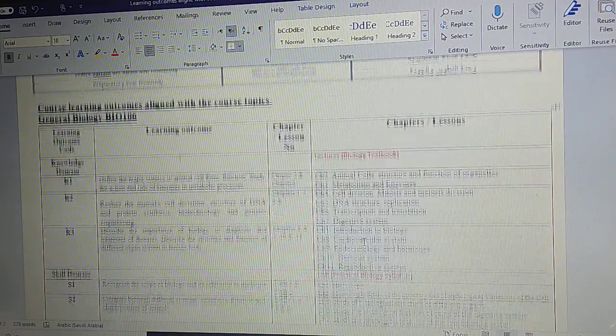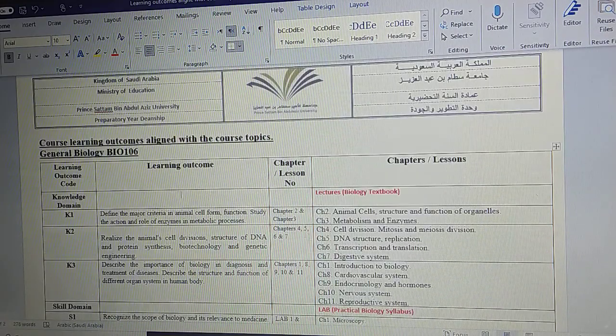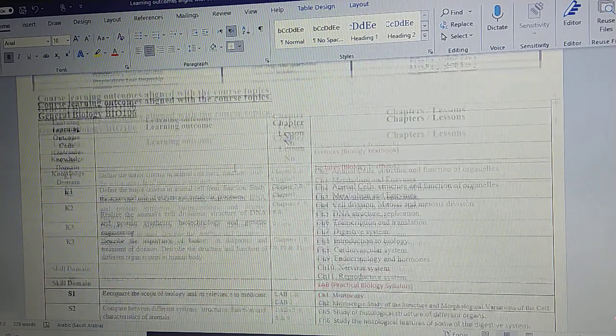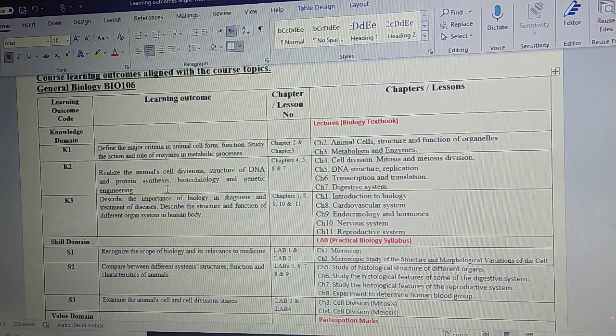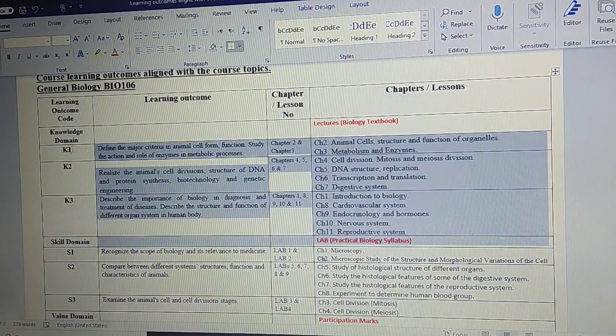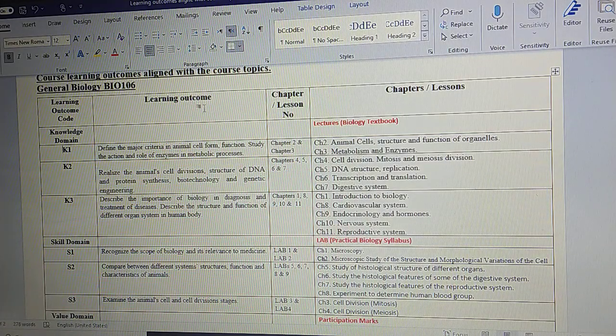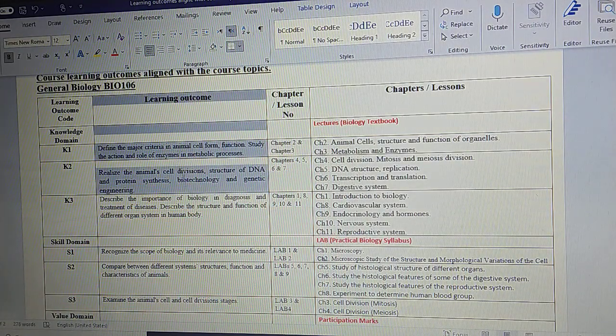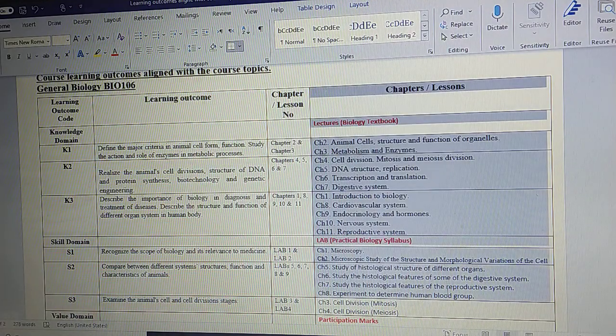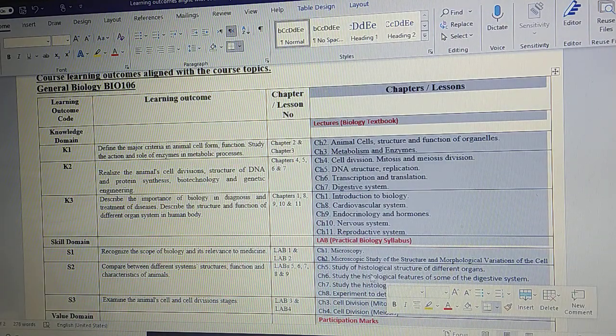All of us deliver course learning outcomes aligned with the course topics, for each course. So we now have the relationship between the course learning outcomes and chapters or lessons of the course.